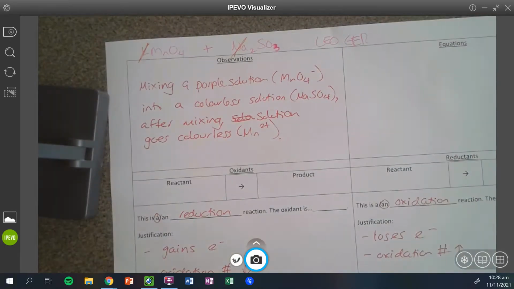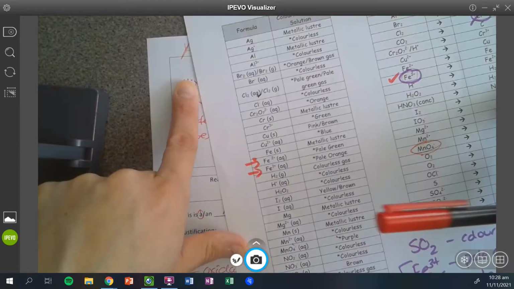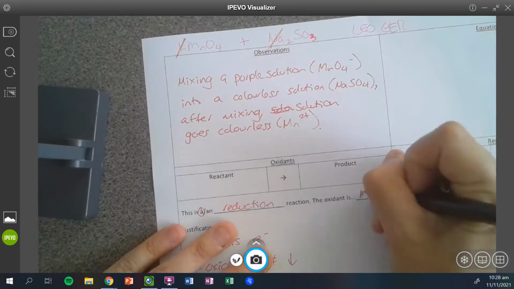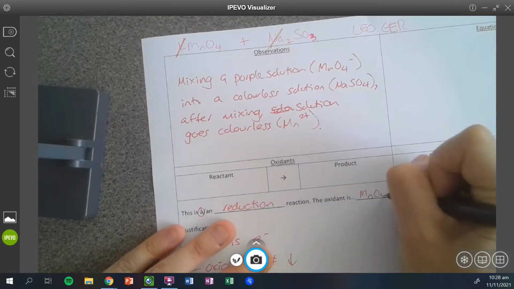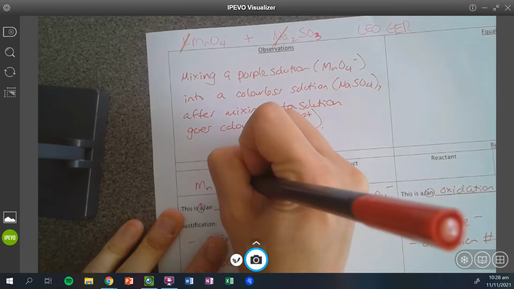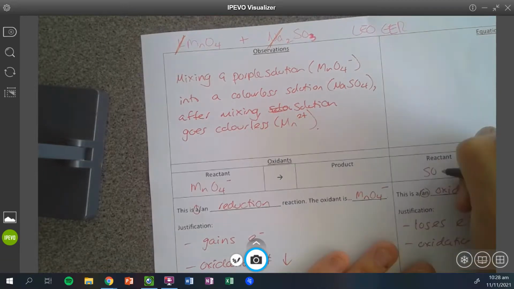All right. So I know from that information that the forward reaction is the reduction reaction, and I see that there's permanganate there. So I'm going to write that the oxidant is MnO4 minus, and then the reductant is the SO3 2 minus.